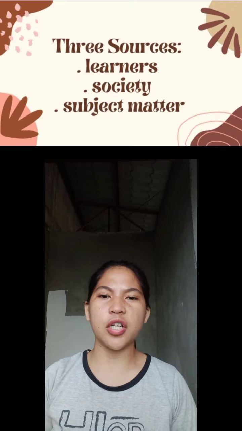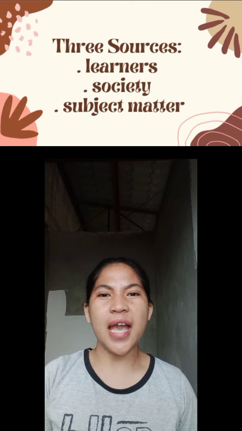Tyler recommends that curriculum planners identify general objectives by gathering data from three sources: the students, the society, and the subject matter. All three sources have to agree on what objectives need to be addressed.